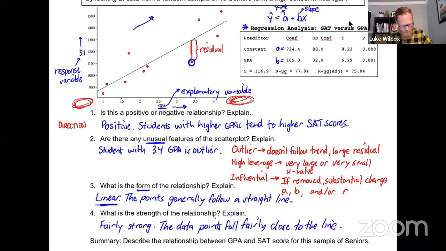In number 2, we were trying to identify unusual features. In number 3, we were trying to define the form of the relationship. And in number 4, we were talking about the strength of the relationship. So listen, these are the 4 things that you want to make sure that you address when you see a question that says describe the relationship between 2 variables.